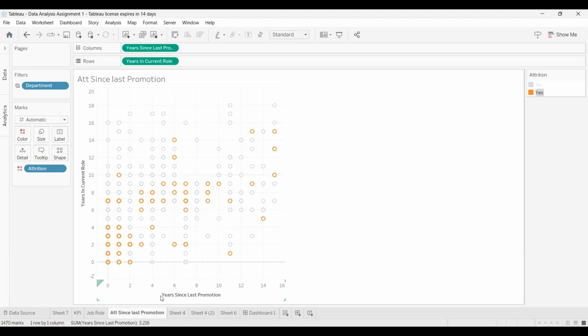Some of them have just received a promotion, but then they are leaving. This is, of course, another point of concern. Of course, we see some people have not had a promotion in quite a long time, and they are also leaving. That could probably be the reason why they are leaving the company, because they're not seeing progression or growth at this particular organization.